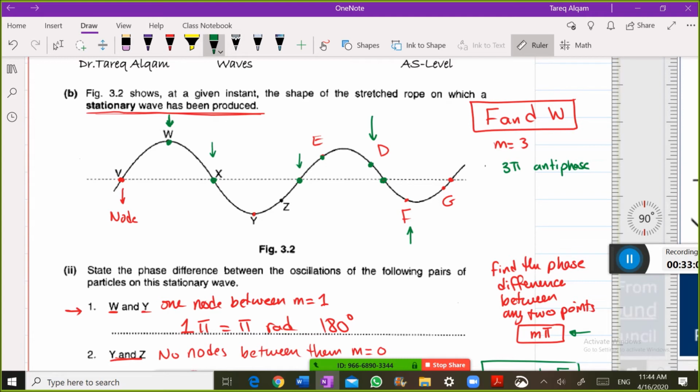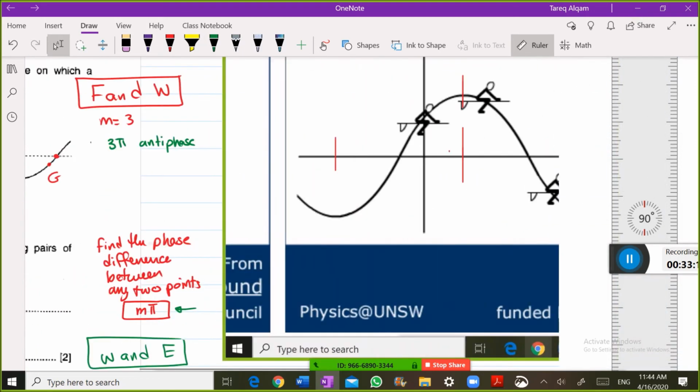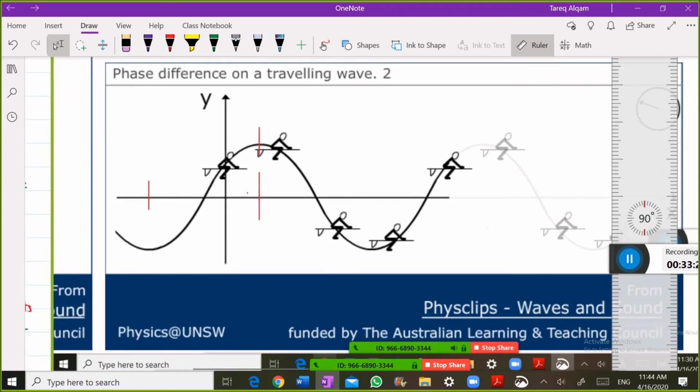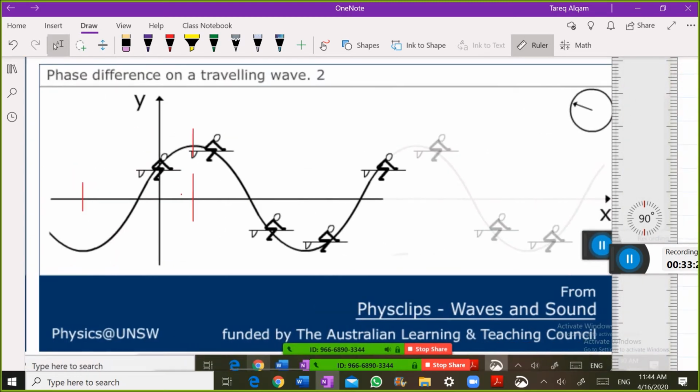But just to compare between standing waves and progressive waves, if we are asked to find a phase difference between 2 points on a progressive wave like this, do you remember what we did? How can we find the phase difference between 2 points along progressive waves?